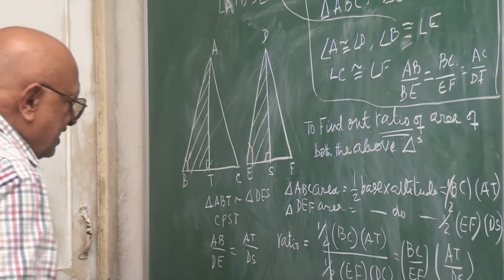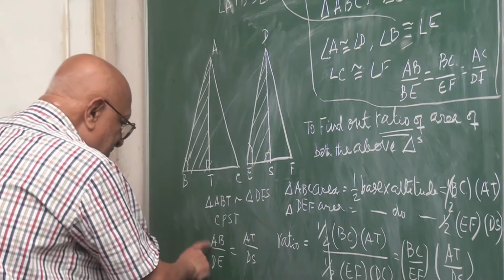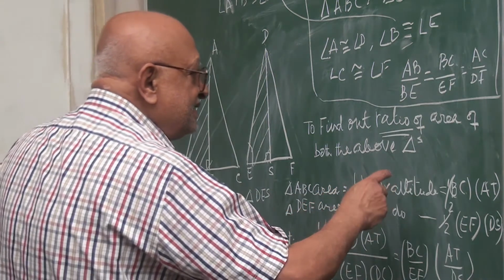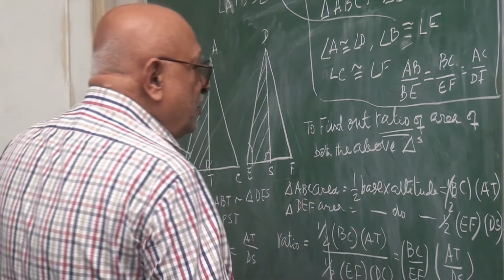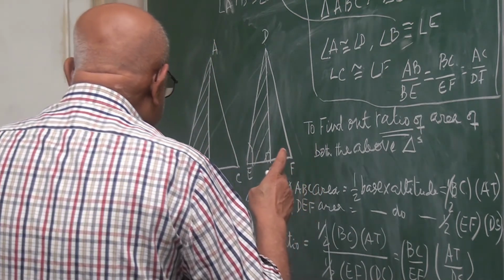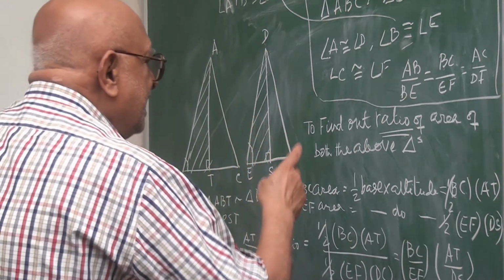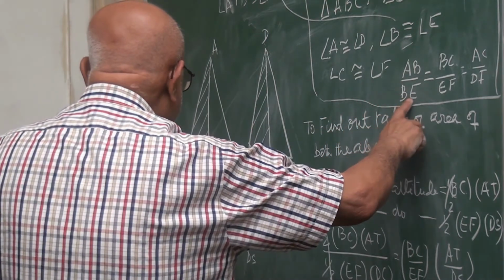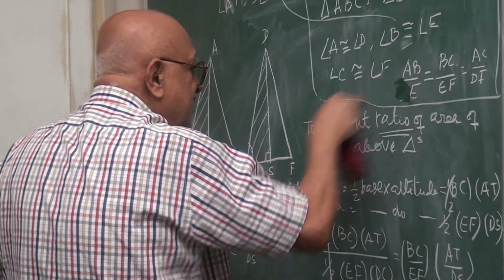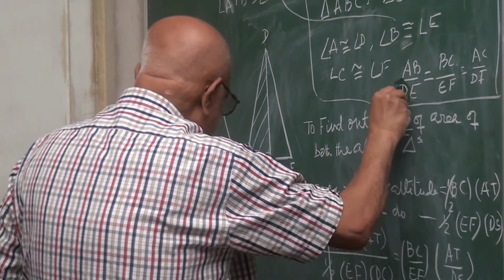Now I can write also AB by DE would be what? It will not be BE, it will be DE. This should be DE.